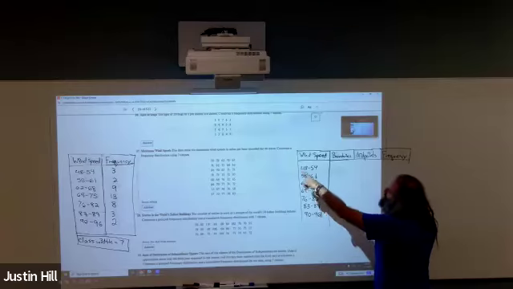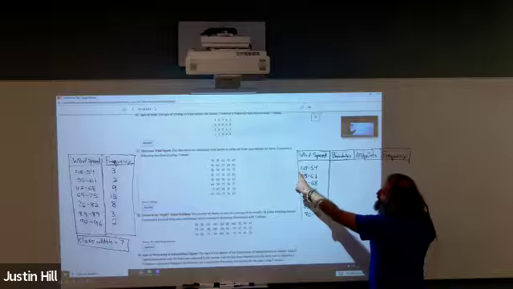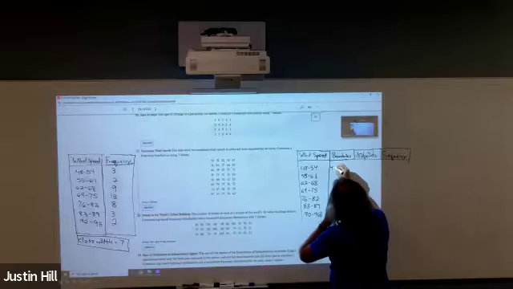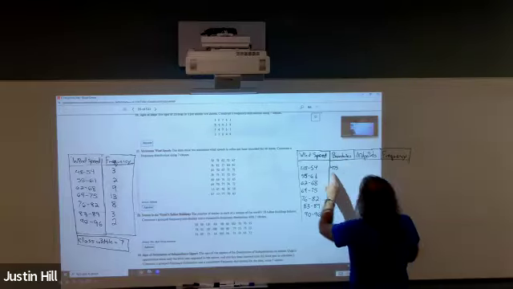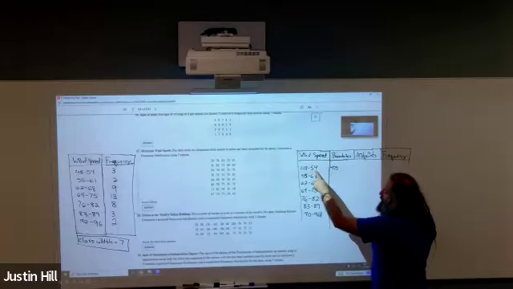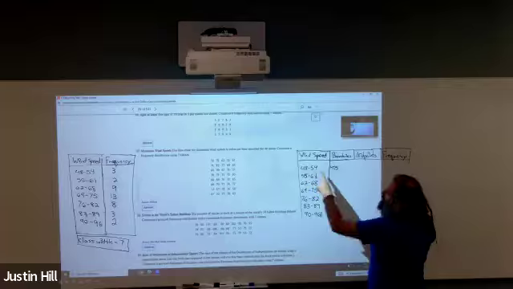If I'm given some wind speed, anything 47.5 and up is going to round up to 48. So my first class boundary starts at 47.5. Then when I get to 54 miles per hour, I can go all the way up to 54.4, and when I round, that's still going to round down to 54.